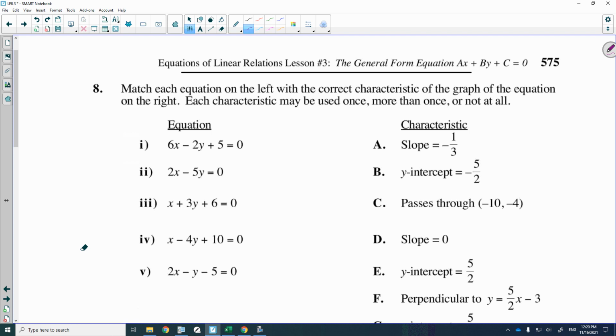Number 8: what you're going to do for all of these is write it in the form y is equal to mx plus b. So for all of them, you're boxing in your y. This one's a negative 1.